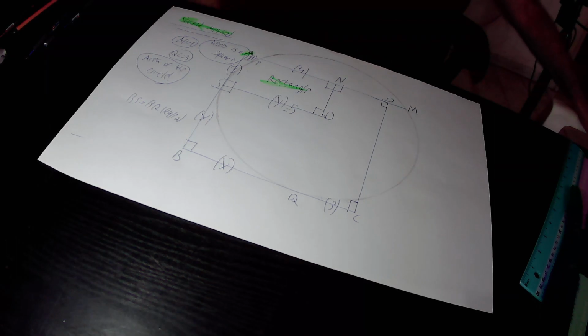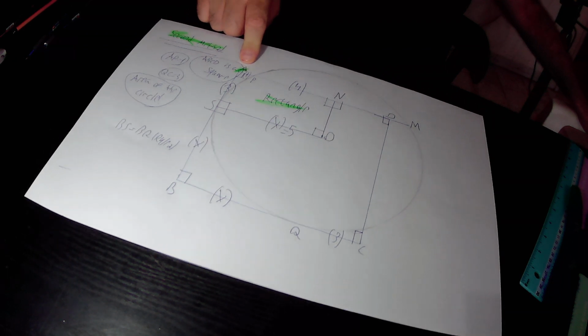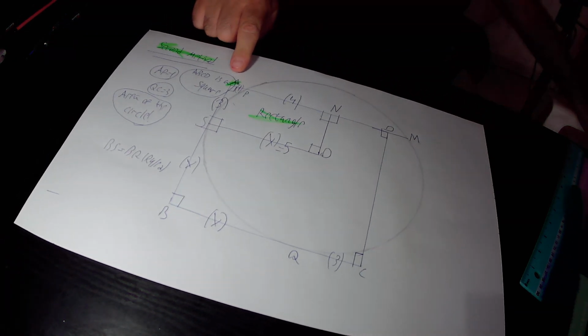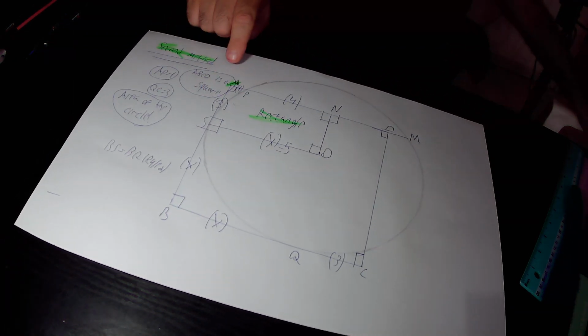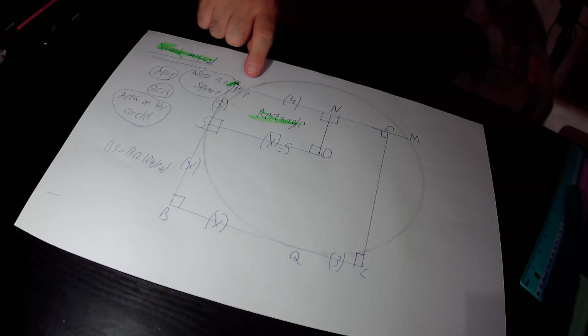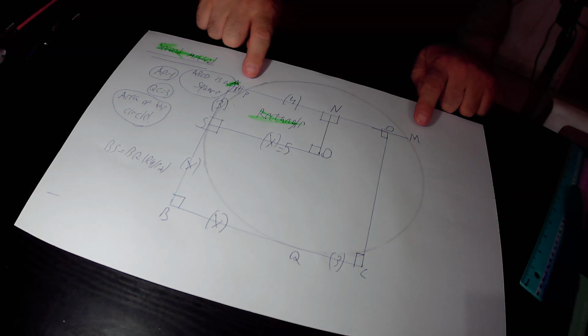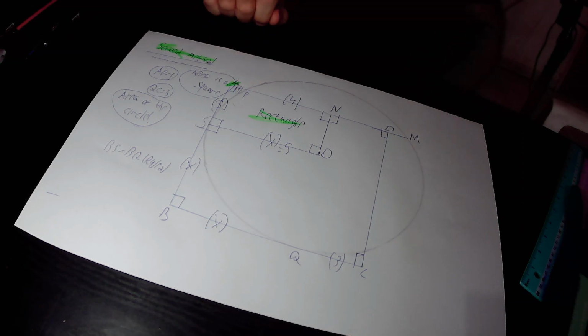Then we focus on this common external point A. From this common external point A, we have tangent AS, and if we draw a straight line from point A, we get chord PM. So actually, all the requirements of rule 10 are satisfied, and therefore we can implement rule 10 here.